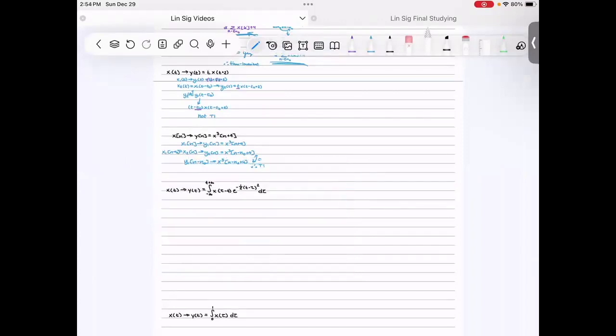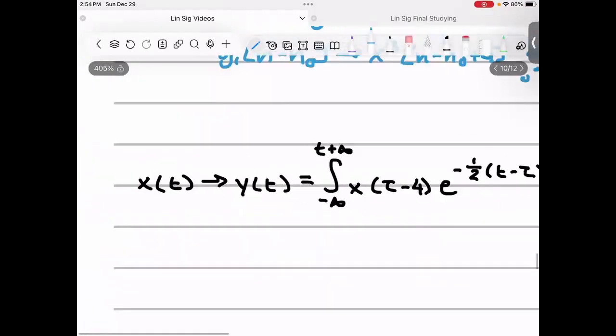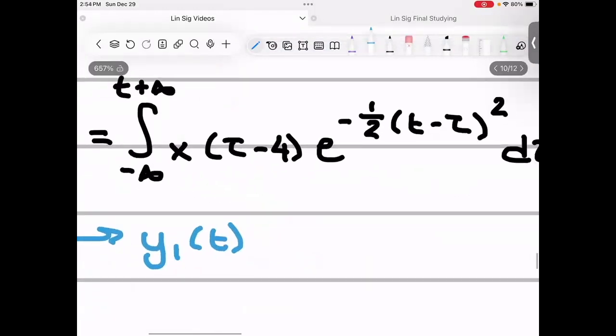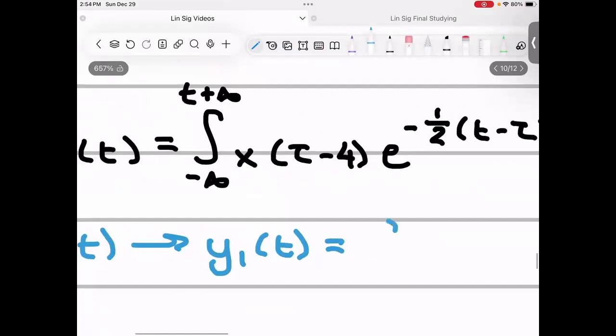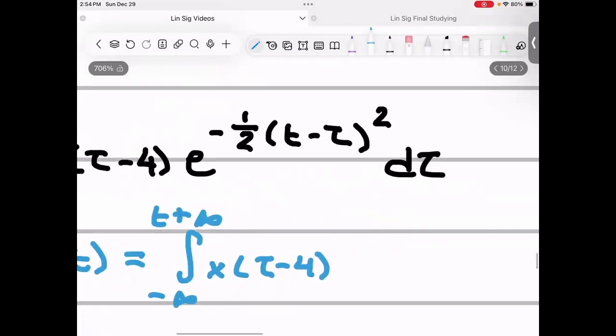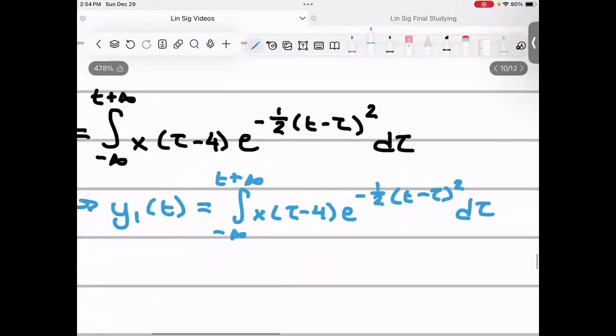Okay, this one's long. We're going to start off with our x1 of t, as always, gives us y1 of t, which equals the integral from negative infinity to t plus infinity of x of tau minus 4 times e to the negative 1/2 t minus tau squared, and then it's all integrated with respect to tau.